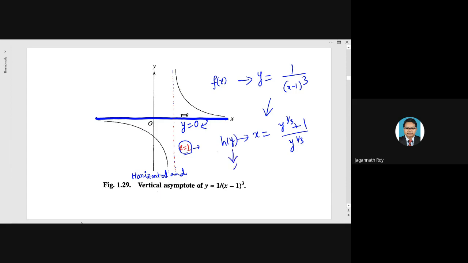Both will go to infinity, f as x goes to 1, and similarly h as y goes to 0. That is why this particular line is called a vertical asymptote, and this one is a horizontal asymptote.